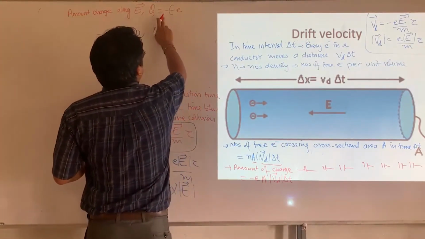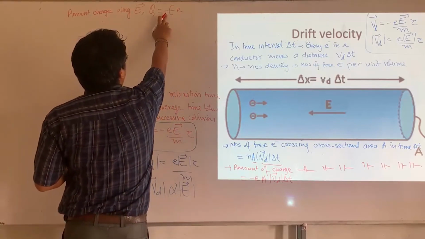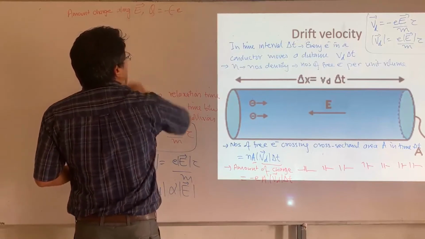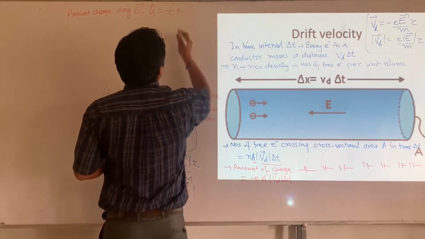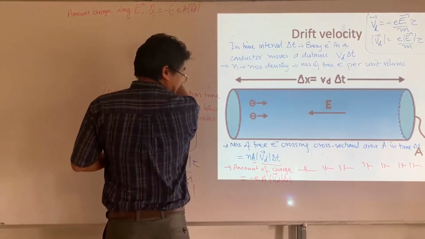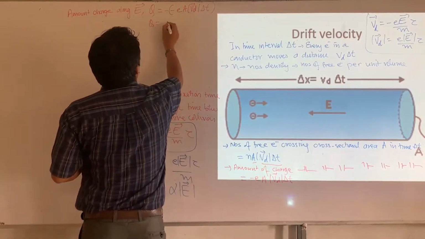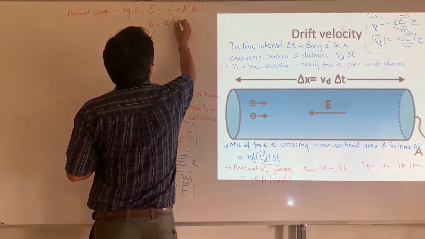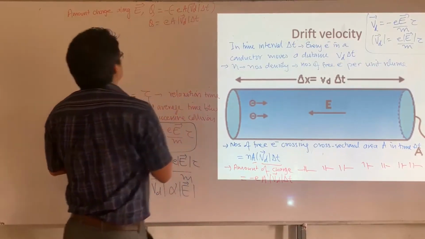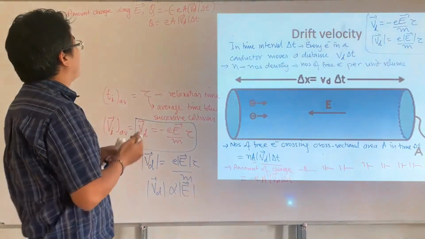Why minus here? The direction of electron is opposite to the direction of electric field, therefore I put minus here. This minus is because the charge of electron is minus. Then Vd, then delta T, minus times minus is plus. This is the total charge crossing a cross-sectional area.